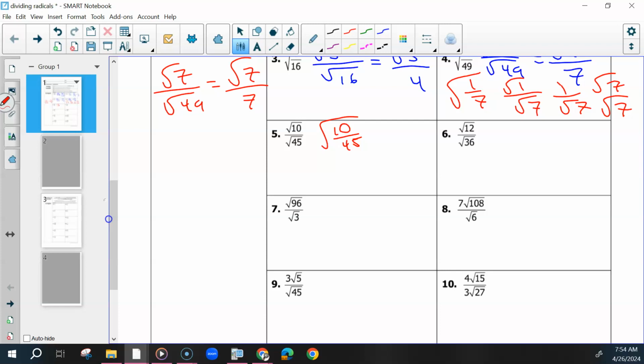What's the highest perfect square that goes into 45? 5 and 9. 9 would be the perfect square. So then we have the square root of 10 over 3 times the square root of 5. And I can't leave that square root of 5 in the denominator. So again, I have to rationalize.